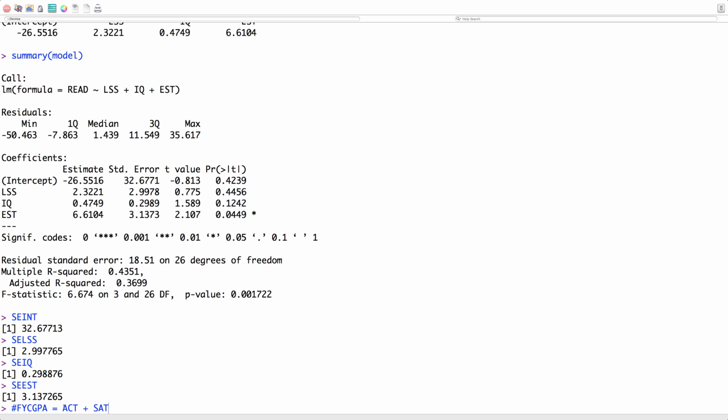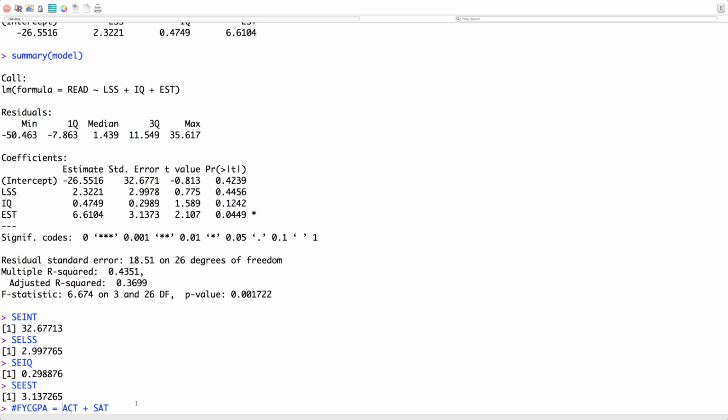Let's just say, for instance, that I don't want to put numbers in there because I don't know how it would turn out. Nevertheless, what I want you to focus on are the interpretations. First, for ACT: controlling for the SAT score, the predicted first-year college GPA will increase according to the coefficient for ACT.